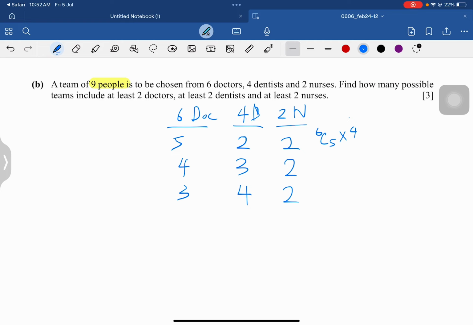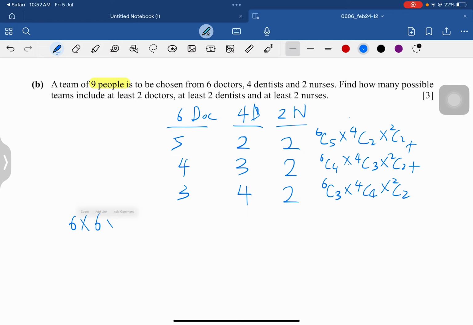6C5 times 4C2 times 2C2 plus 6C4 times 4C3 times 2C2 plus 6C3 times 4C4 times 2C2. Yep, this one you can press calculator or use your mental calculation. 6C5 is 6, times 4C2 is 6 as well, 2C2 is 1.